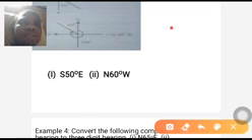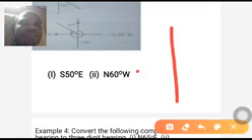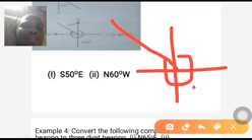Then the second one, you have 300. Then you have something like this. 300 is more than 90, more than 180, more than 270. Then you are going to have it between north and west. So draw a line like this. So from here to this place is 300.